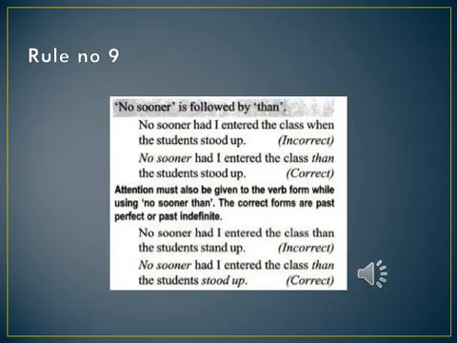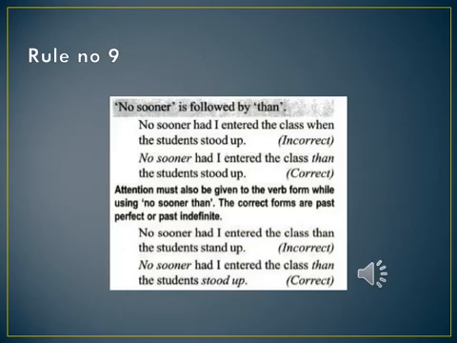Rule number 9 on spotting the errors. No sooner is followed by than. We have already seen scarcely when, hardly when, no sooner than. No sooner had I entered the class when the students stood up. So when you have to use with hardly or scarcely.